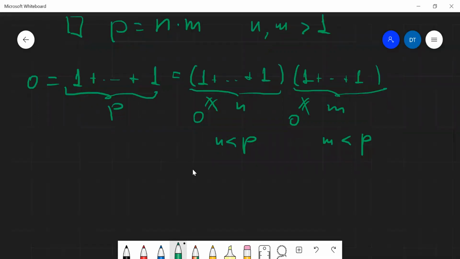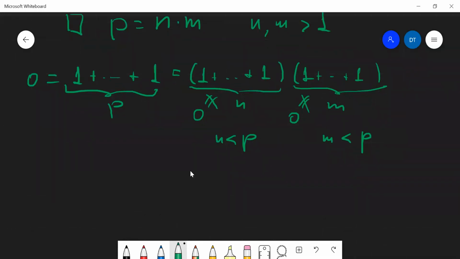So in this particular case, we see that n times 1 times m times 1 equals 0, but the first factor is not 0, and the second factor is not 0. So these elements are 0 divisors.